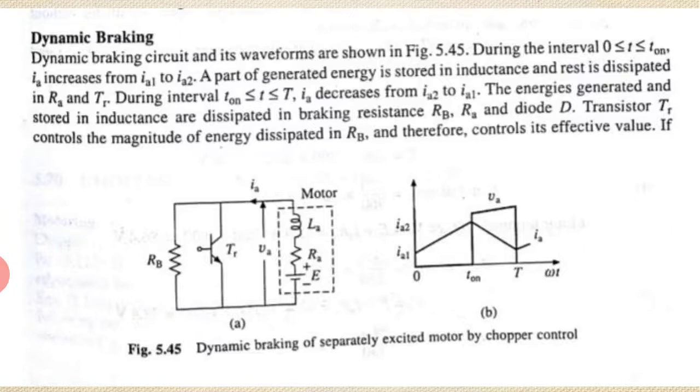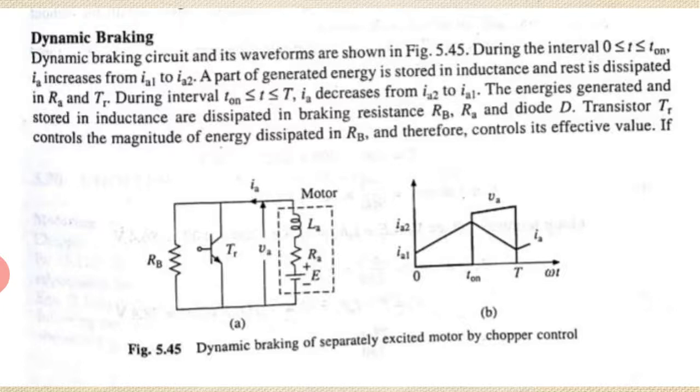During the interval T on less than or equal to t less than or equal to capital T, IA decreases from IA2 to IA1 because the switch is turned off. The energy generated and stored in the inductance is dissipated in the braking resistance, in RB and RA. The diode is not shown here, but it will be placed in forward bias when the energy is dissipated to the resistance.